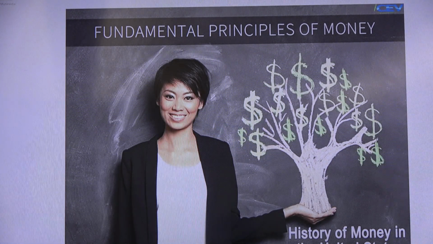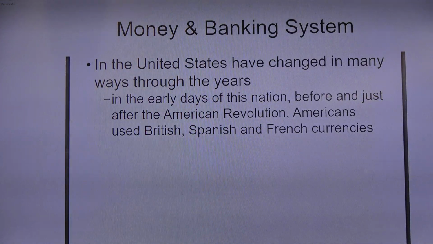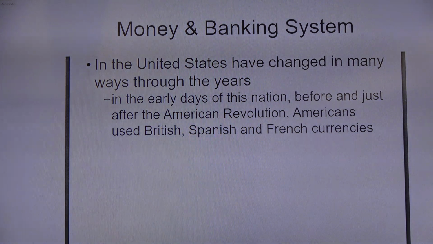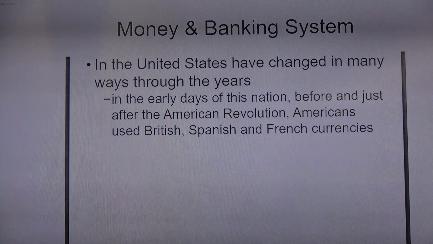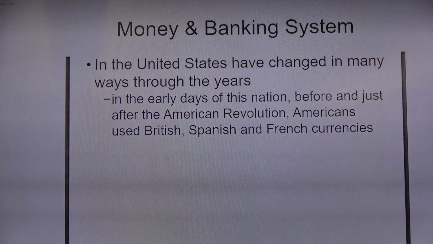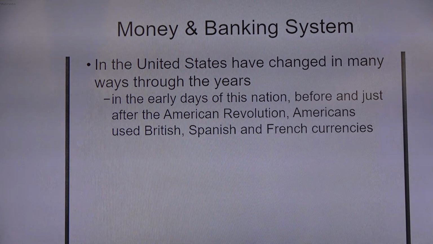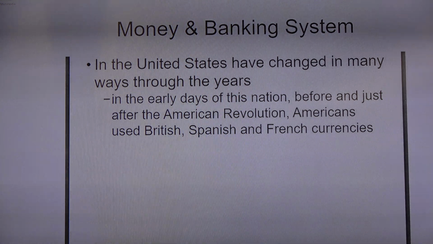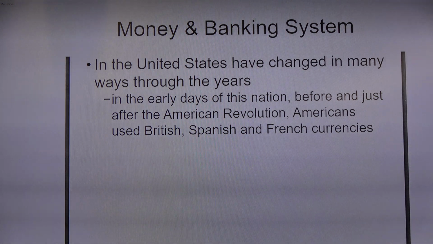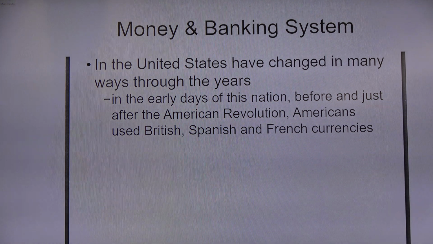Okay, we're going to get into the next unit, which is money and banking history. So this is a little bit about the evolution of money in the United States throughout the years. The United States has changed the way they issue money and the way that money is used throughout the years.